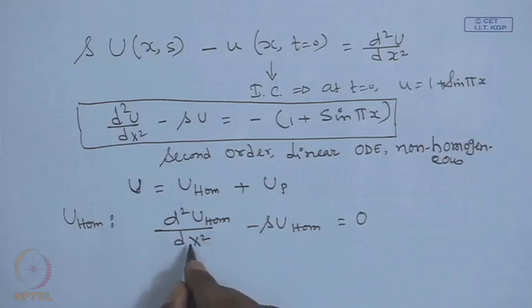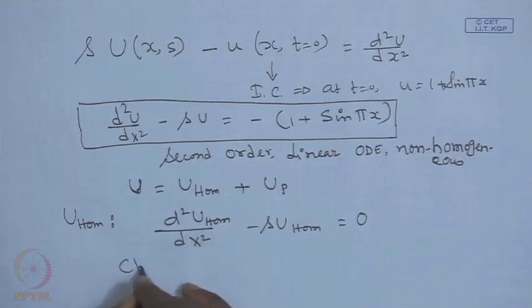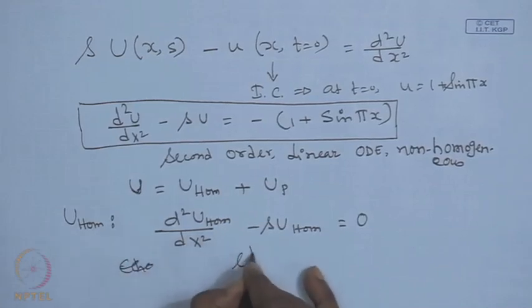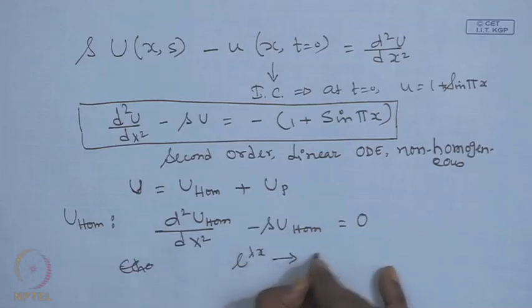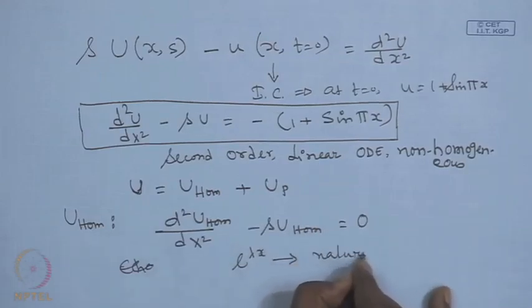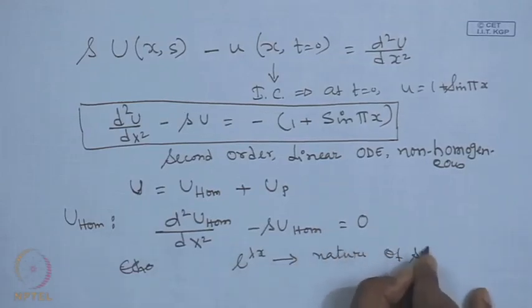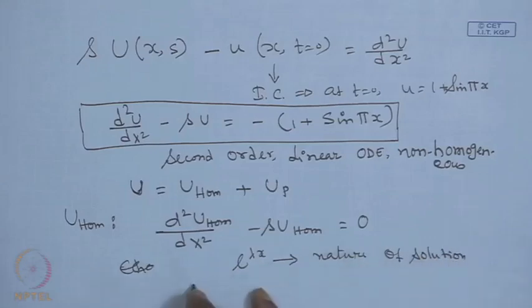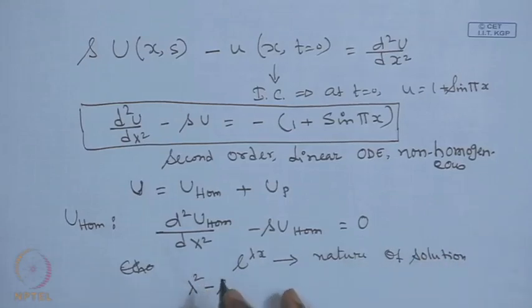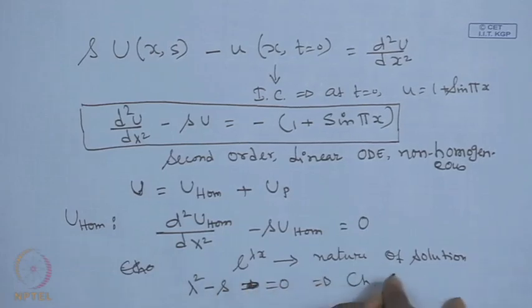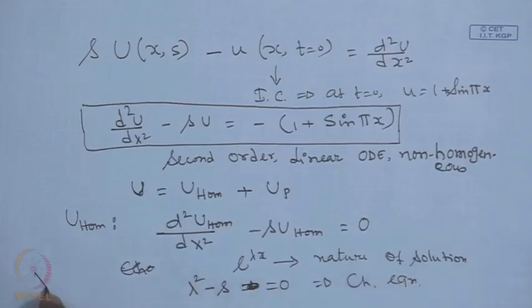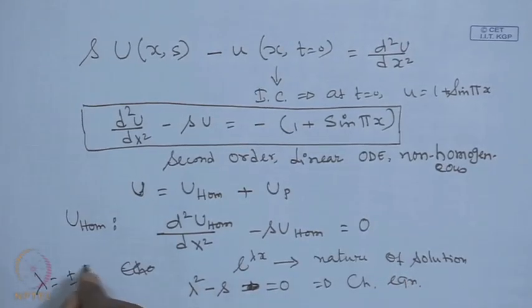So, for the characteristic equation, e to the power λx is the nature of the solution. So, λ² minus s is equal to 0 is the characteristic equation. So, λ is plus minus root over s.